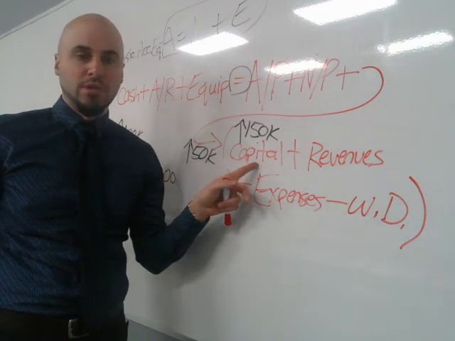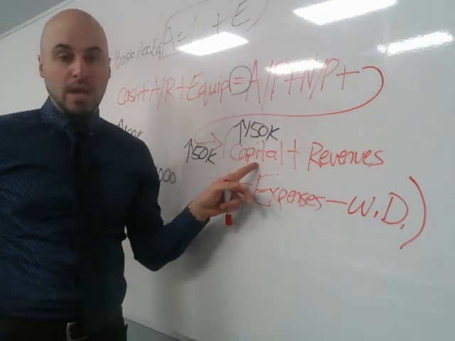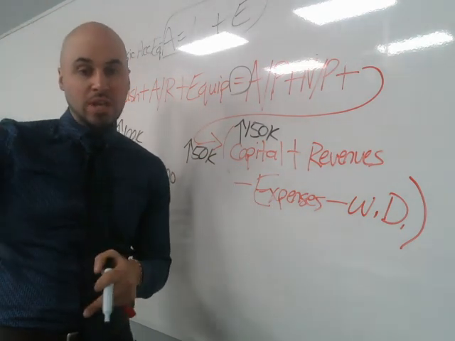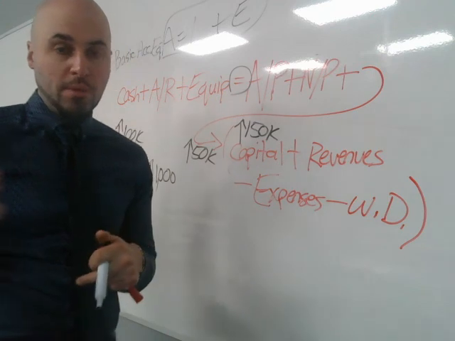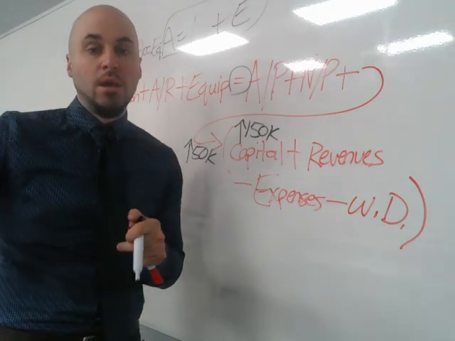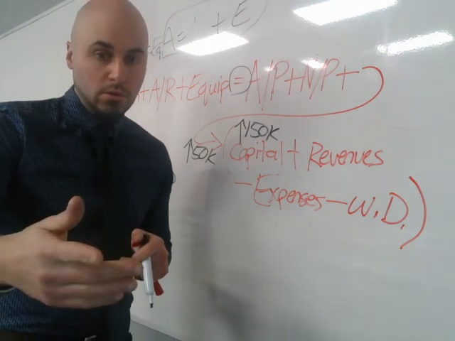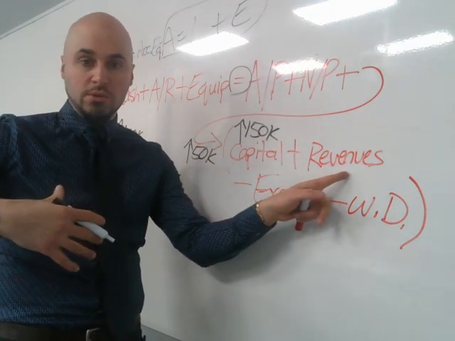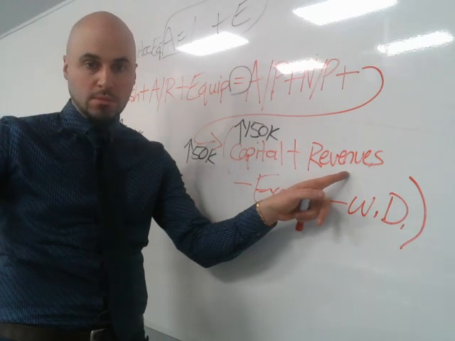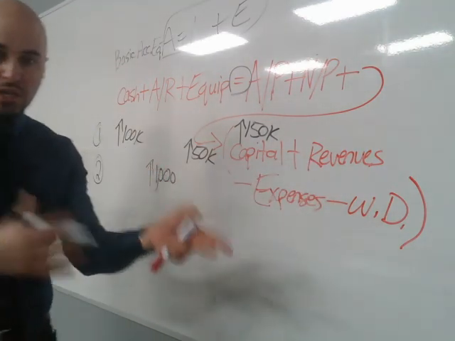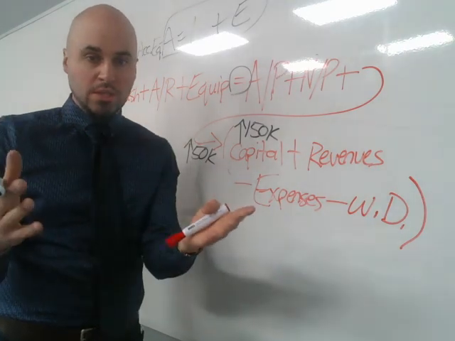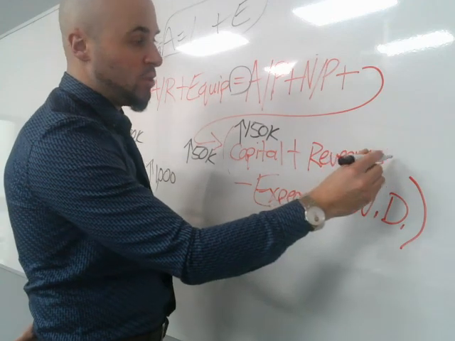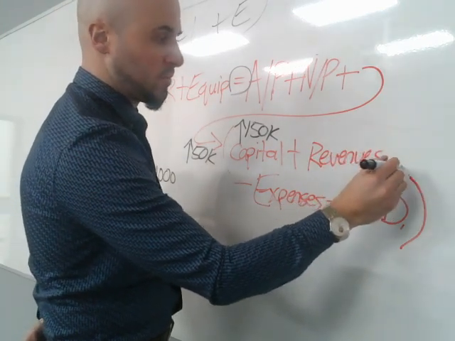Has our capital increased? Yes, but we don't increase the capital account because we've made a sale here. So a sale, remember we said, is the same as saying what? Revenues. So revenues is sales. Okay? Sales revenue, sales, or just revenue. Saying the same thing.